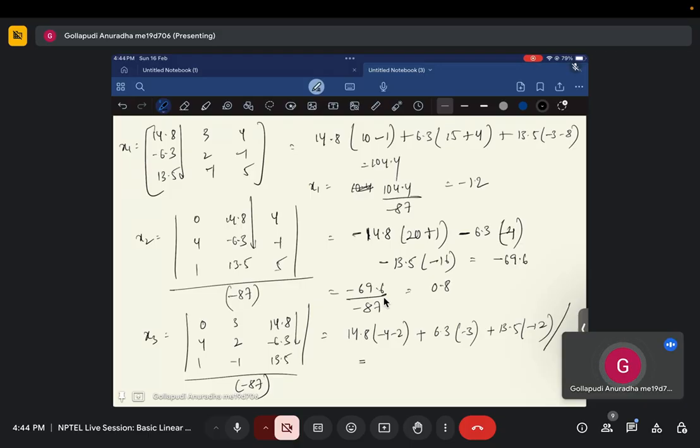So the entire thing by minus 87, you will be getting 3.1. So x1 will be minus 1.2, x2 will be 0.8, x3 will be 3.1. This is actually a lengthier version of finding the solution. And Cramer's rule you can only use if the determinant of the coefficient matrix is non-singular. If it is a unique solution, then only you can apply Cramer's rule.